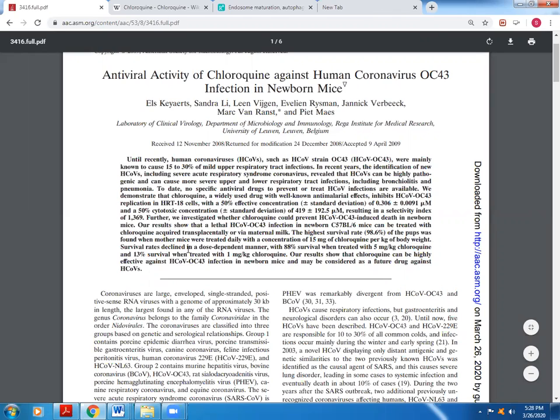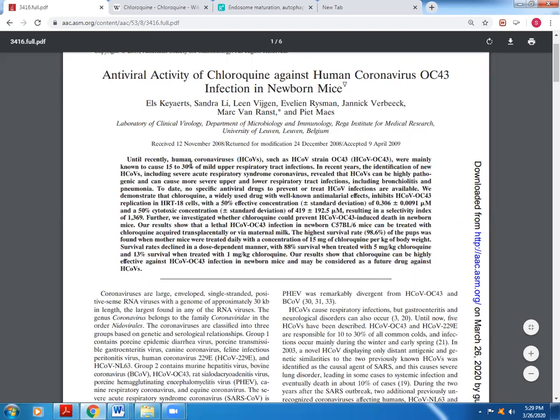Survival rates declined in a dose-dependent manner, with 88% survival when treated with 5 milligrams per kilogram chloroquine and 13% survival when treated with one. So the lower you gave it, the smaller the survival rate. Our results show that chloroquine can be highly effective against H-CoV OC43 infection in newborn mice, and may be considered as a future drug against the human coronavirus.